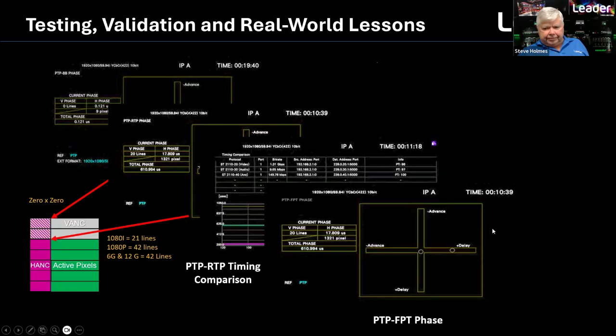And then the last piece of timing we really want to look at is the PTP against FPT, which is first packet time. And essentially what that really means is the first packet that we are going to decode to actually make video. And this is the most important timing model that we need to verify. And again, it should be the width of that vertical interval, either 21 lines out or 42 lines out.